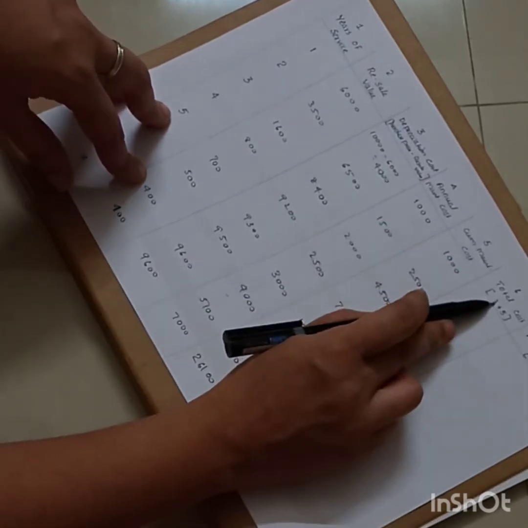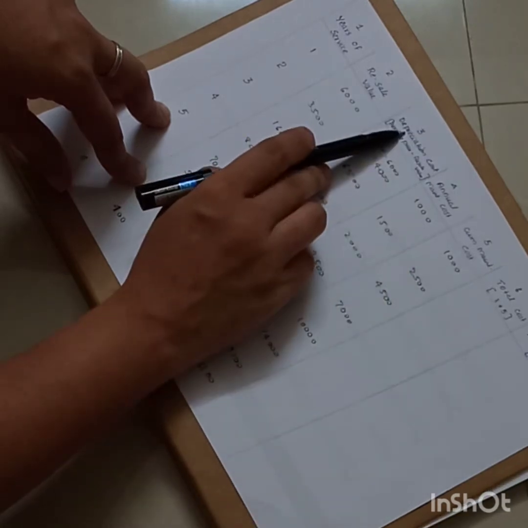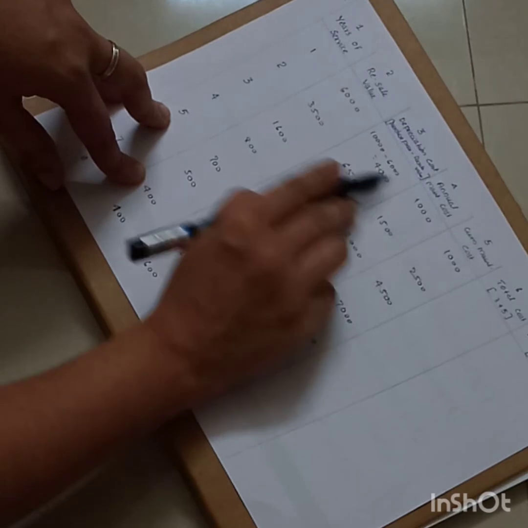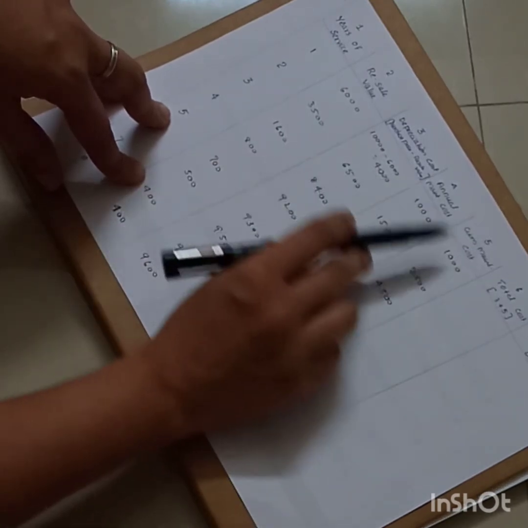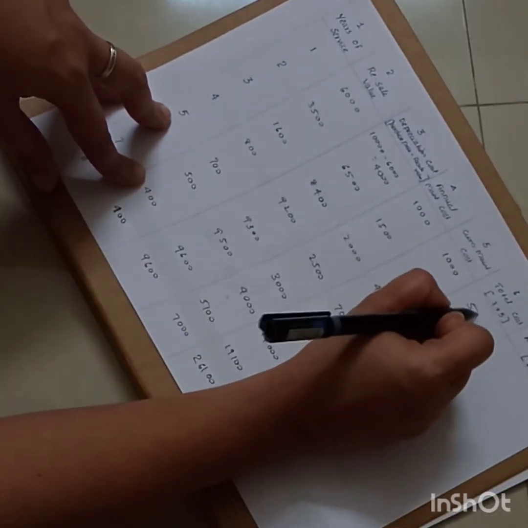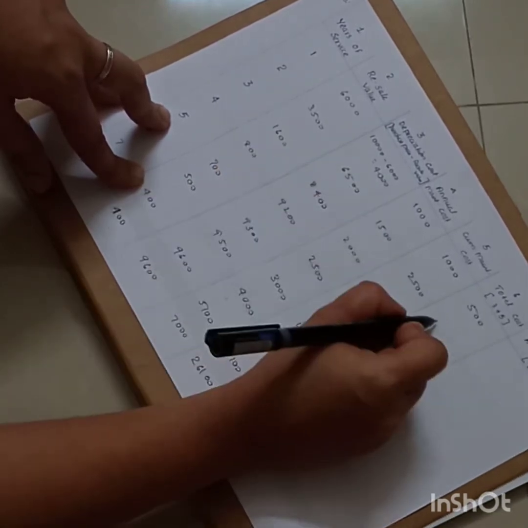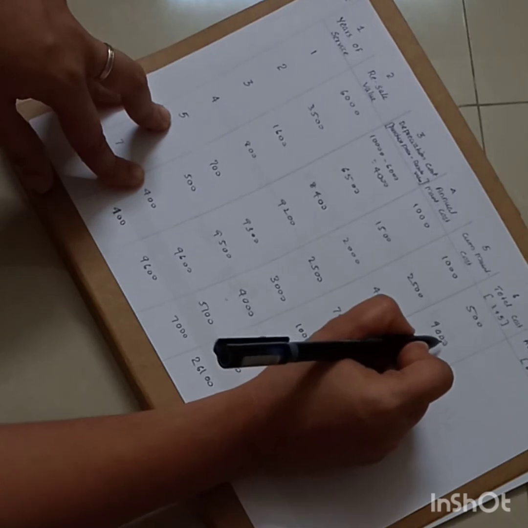Okay, then the next one is total cost. So total cost is equal to third column plus fifth column, that is depreciation cost plus cumulative maintenance cost. The first is 4,000 plus 1,000, you will get 5,000. Then here 2,500 plus 6,500, you will get 9,000.